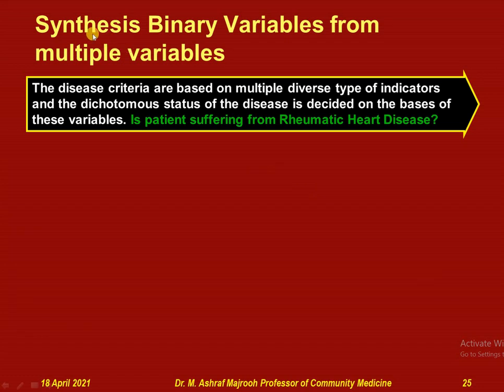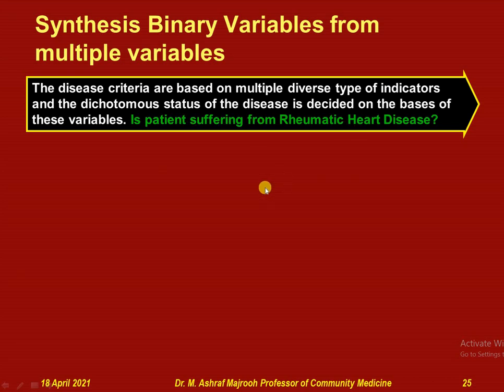Then there is the situation of synthesis of a binary variable from multiple variables. The disease criteria are based on multiple diverse types of indicators and then the dichotomous status of the disease is decided on the basis of these variables. For example, is the patient suffering from rheumatic heart disease?